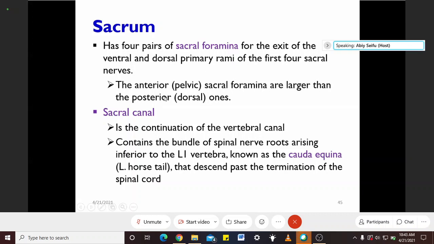And superiorly, there is a sacral canal, which is a continuation of the vertebral canal from the lumbar vertebra, and which contains the distal part, the terminal end of the spinal nerves, which is the cauda equina. Within the sacral canal, there is cauda equina.